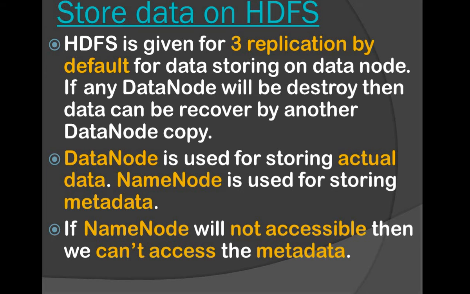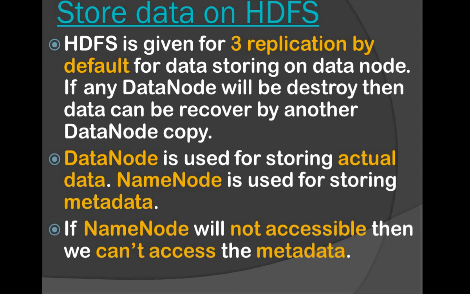First it stores the main copy and 2 replicas. If a DataNode fails or crashes, then we can get the same copy from its replica. As we know, DataNode is used for storing actual data.